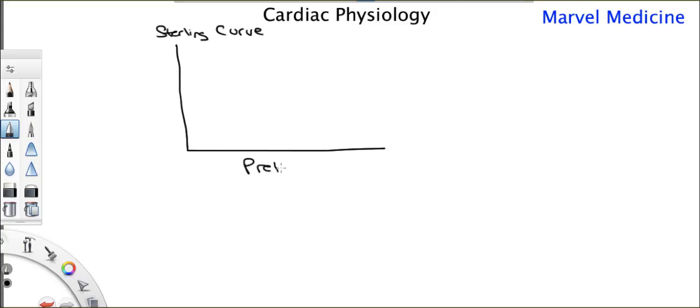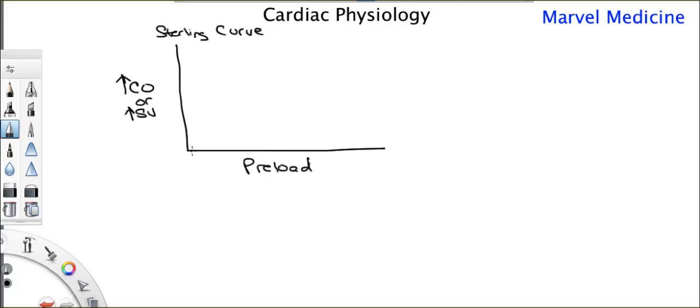What's on the x-axis here? Preload. What's on the y-axis? Cardiac output or stroke volume. They're almost the same thing. If I increase my stroke volume, I increase my cardiac output. If my cardiac output's increased, most likely the stroke volume's increased, okay?